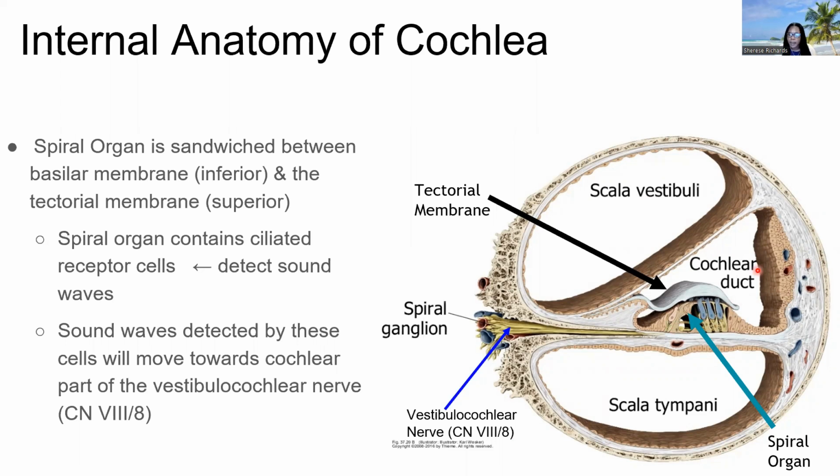And so when that fluid vibrates, the spiral organ, which has these ciliated cells, can pick up those waves that are being produced within that vibrating fluid, and it can turn those waves into electrical stimuli, which are picked up on the vestibulocochlear nerve. So really, the cochlear duct is the most important space within the cochlea that helps us to detect these vibrations and turn them into sound.